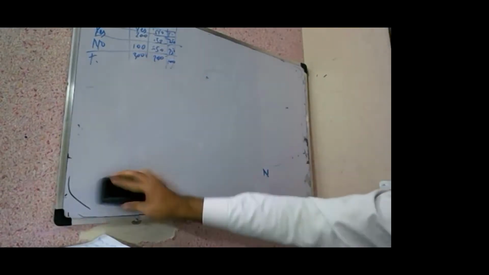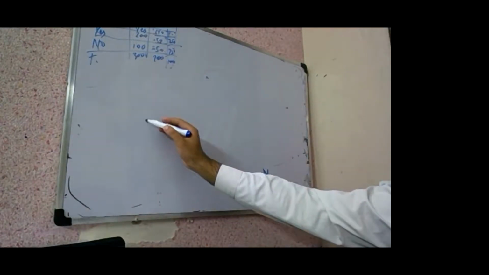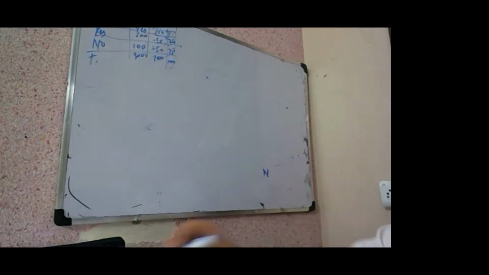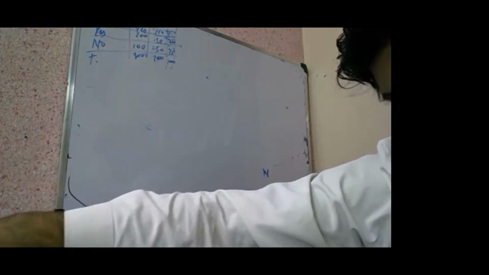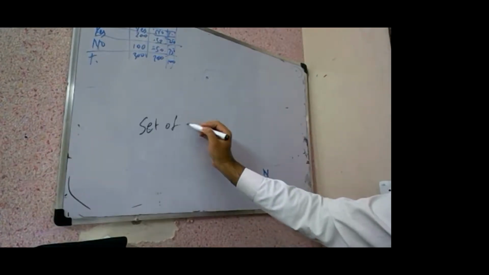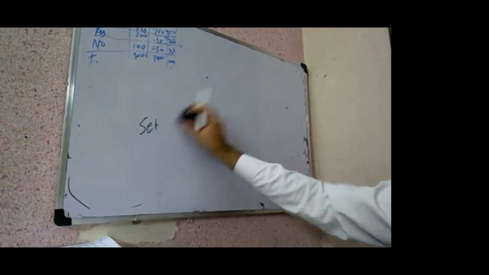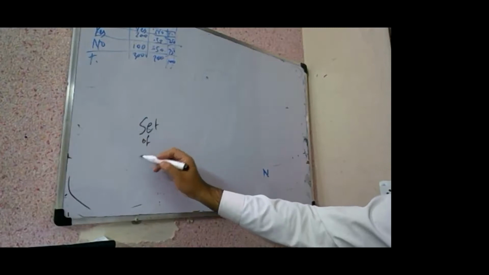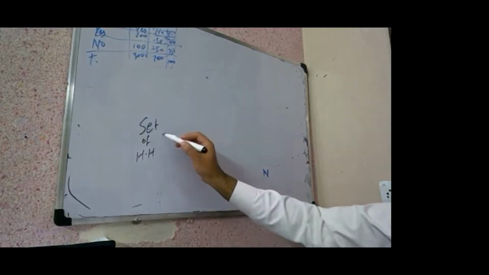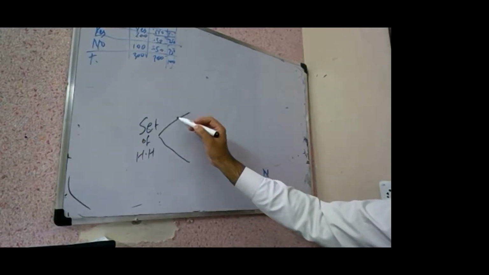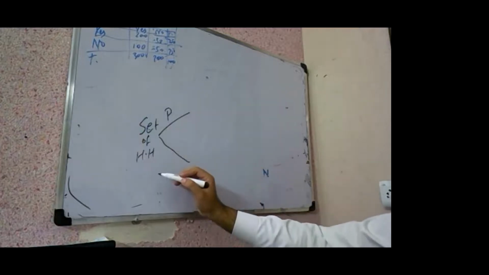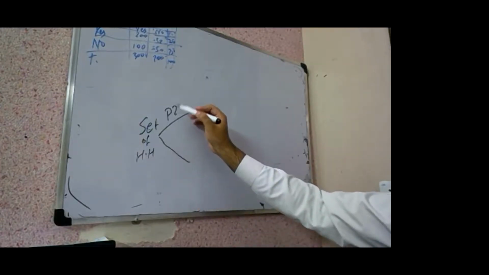So here we have the set of households, H. Now they have two options. Either plan to purchase or not.